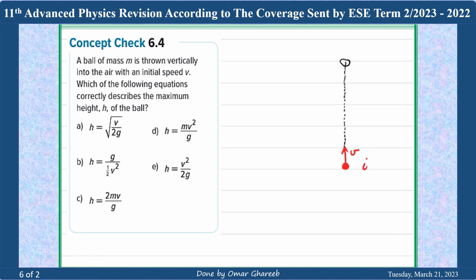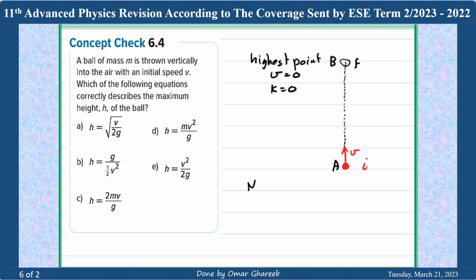We are now familiar with the highest point. Highest point means, yes, you are right, v equals 0, so the kinetic energy is 0. Let us name this situation A, the initial, and this is B, the final.